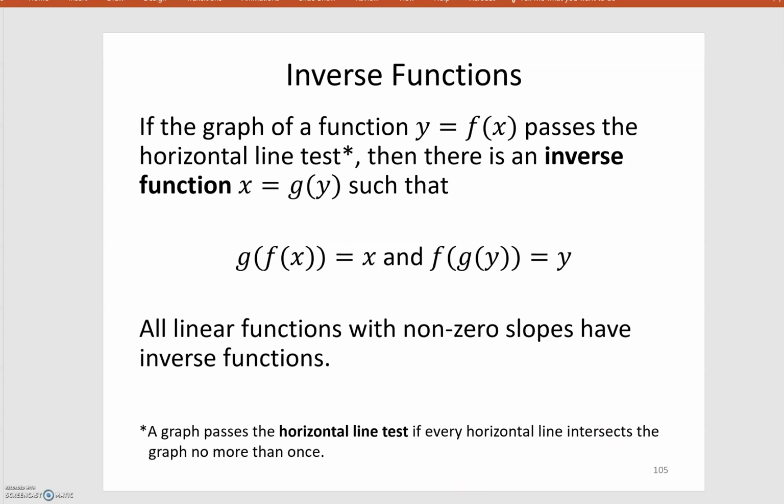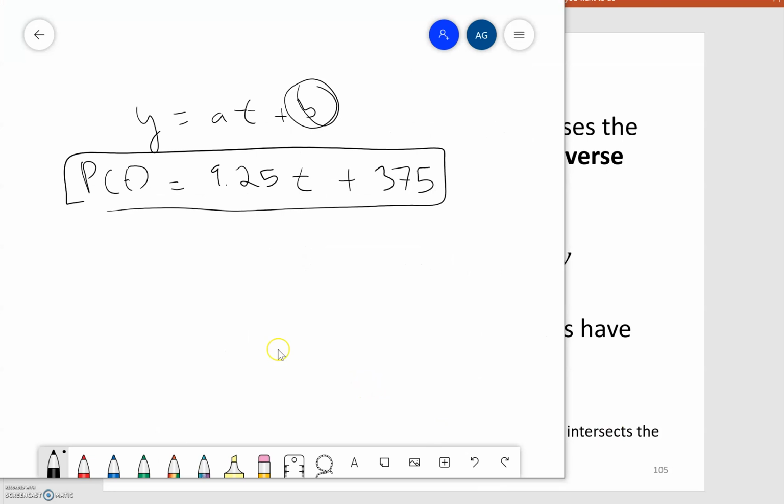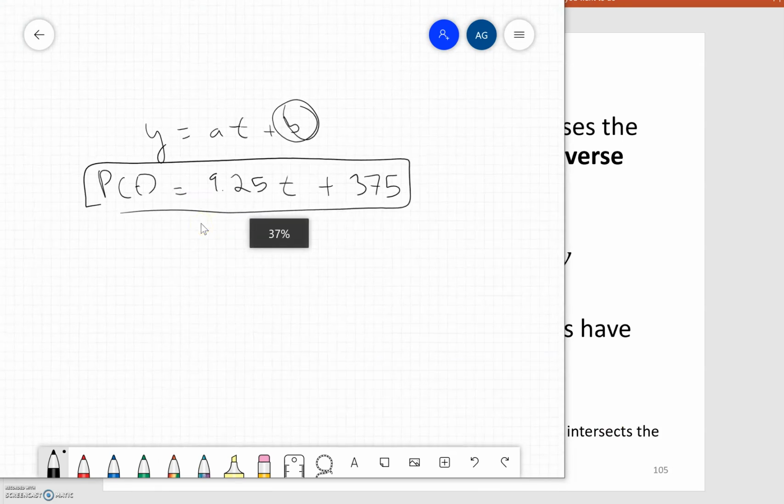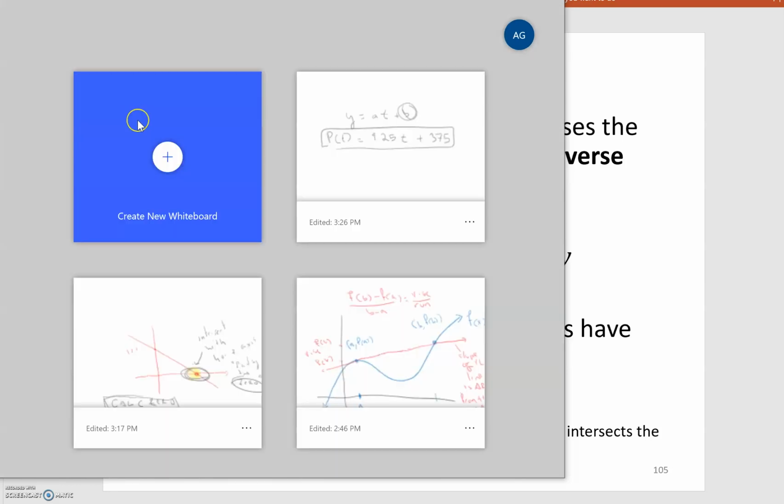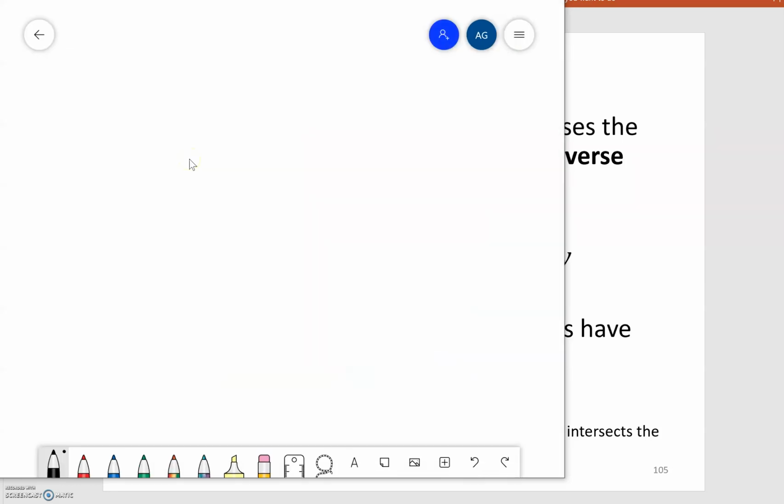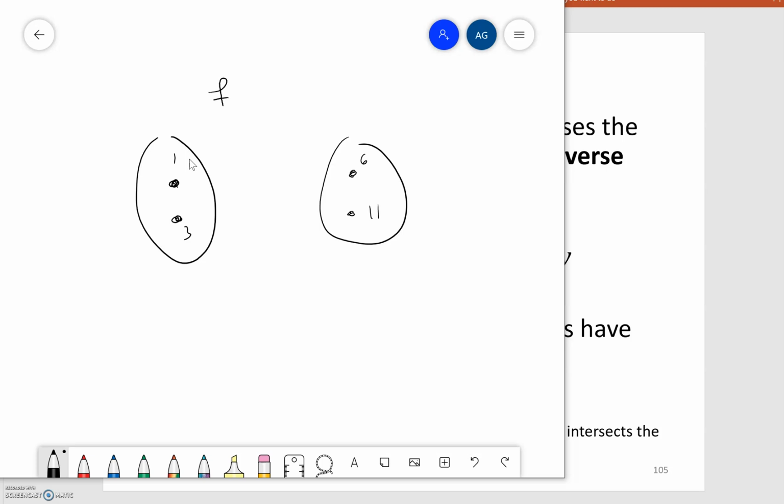actually, let me draw a picture to kind of give you an idea. So if we have a function that takes, let's pick a couple of values. Okay, so let's say we have a function f, and it takes 1 to 6 and 3 to 11. So f of 1 equals 6, and f of 3 equals 11.